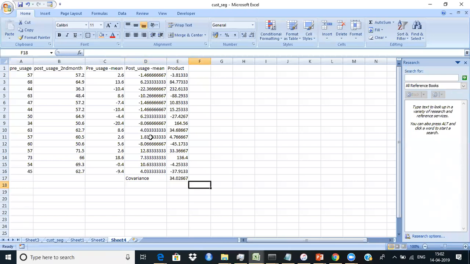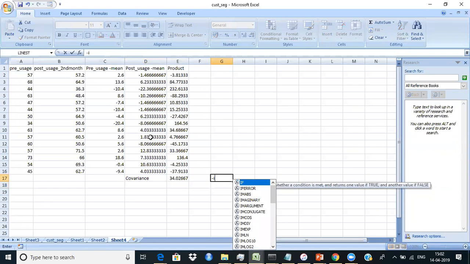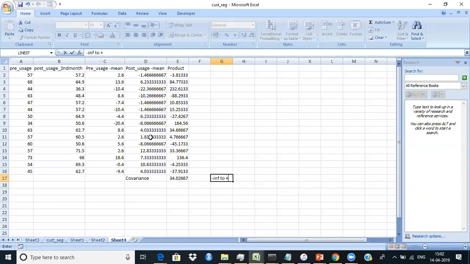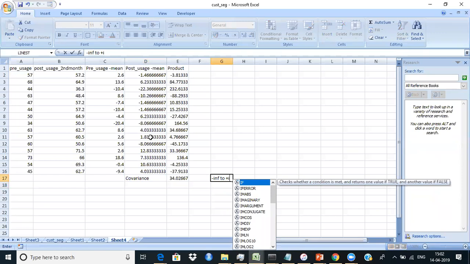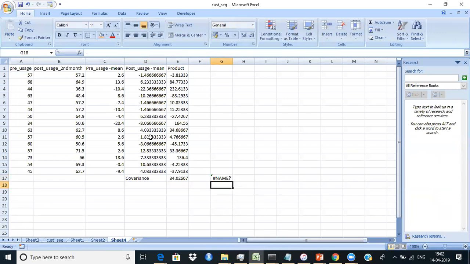Now, what is the property of covariance? Covariance can vary between minus infinity to plus infinity. The sign indicates the direction of the relationship.